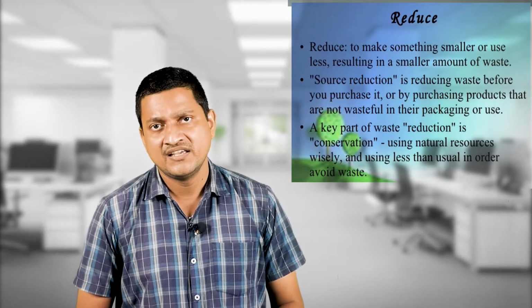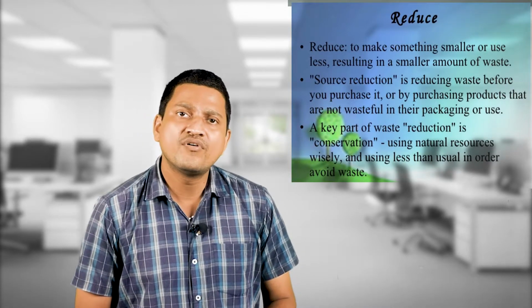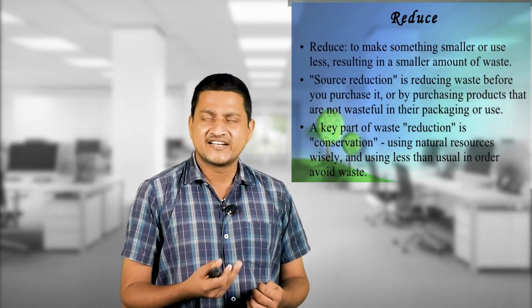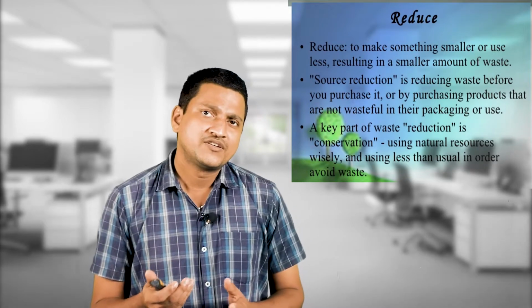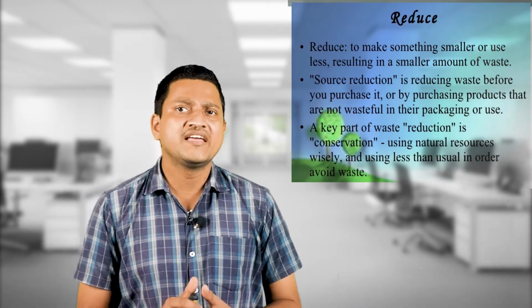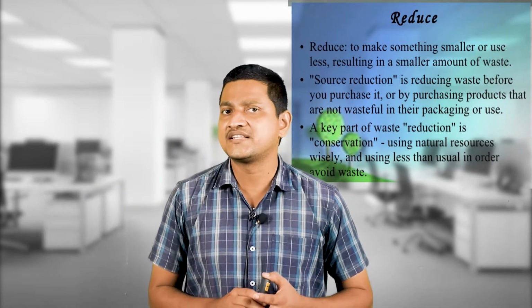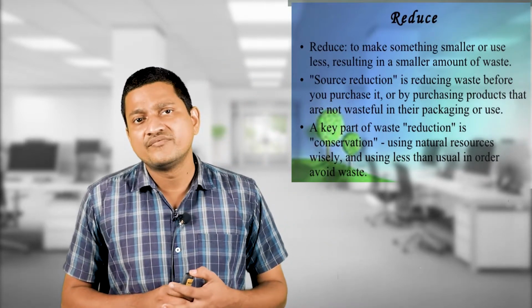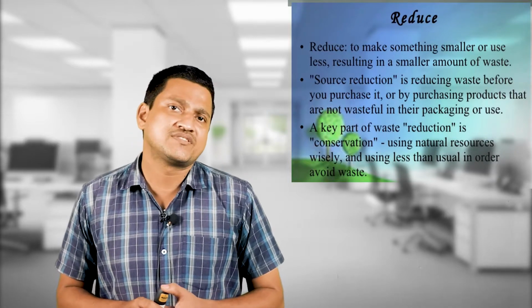Source reduction is reducing waste before you purchase it. That's another component of waste reduction. To reduce the waste at the source is to reduce waste before you purchase it, or by purchasing products that are not wasteful in their packaging or use.